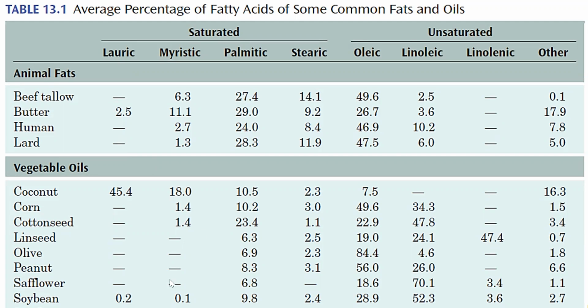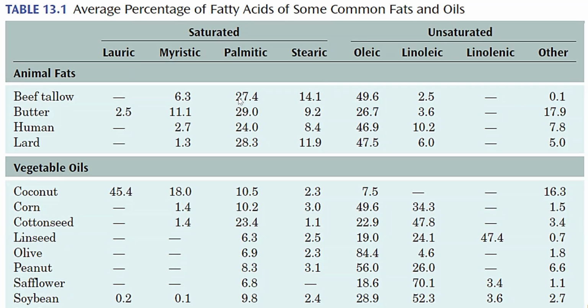So for example, for beef tallow, you can see a greater proportion of your oleic acid, 49%, and you have your myristic and this palmitic. There is a lot of proportion of myristic and palmitic. These are saturated fatty acids, also your stearic acid.